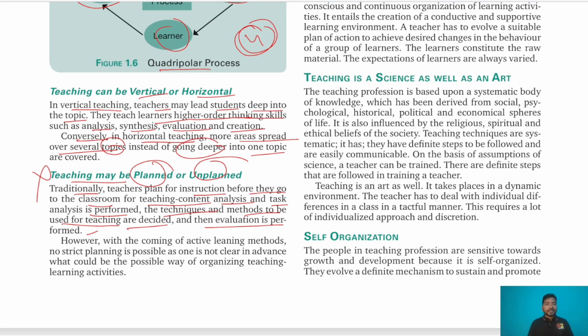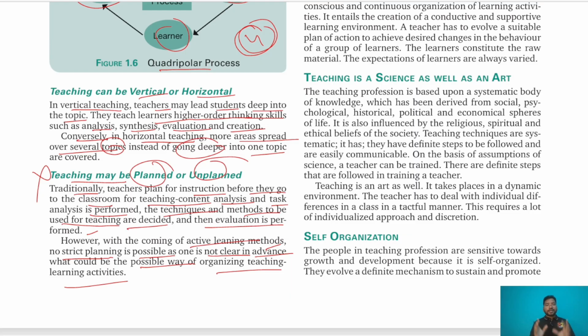And what is unplanned teaching? However, with the coming of the active learning method, no strict planning is possible. It is not clear in advance what the possible way to organize teaching learning activity will be. That means in this current era, in the active learning method, no strict plan is possible.